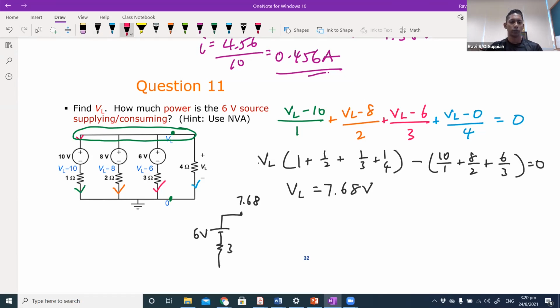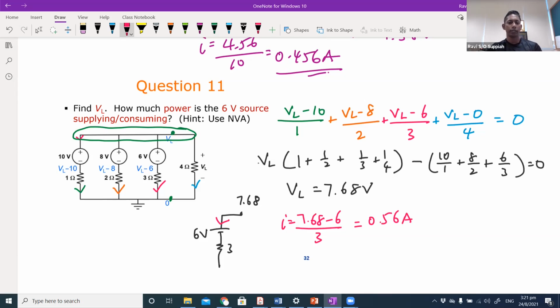So the current is going to flow in this direction for this branch. The current is going to be 7.68 minus 6 over 3, which is 0.56 ampere flowing into your source.